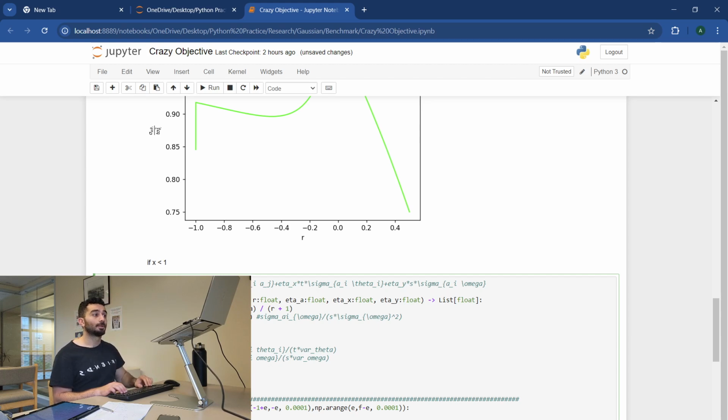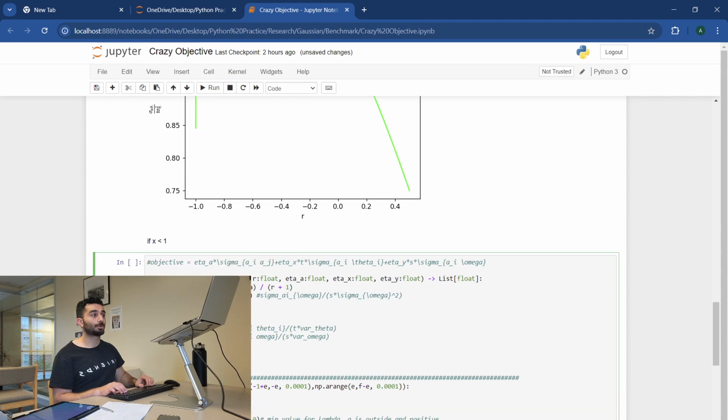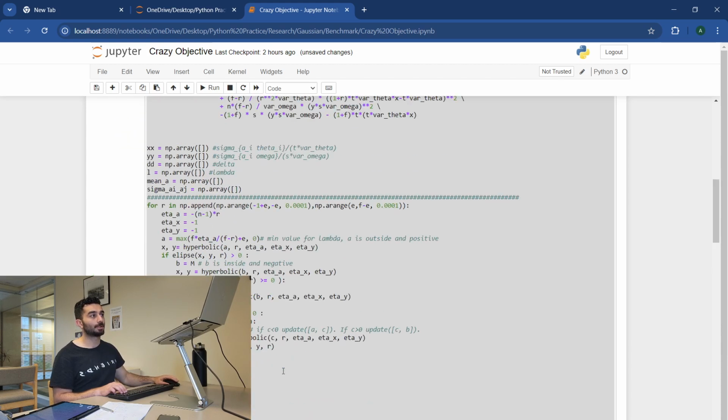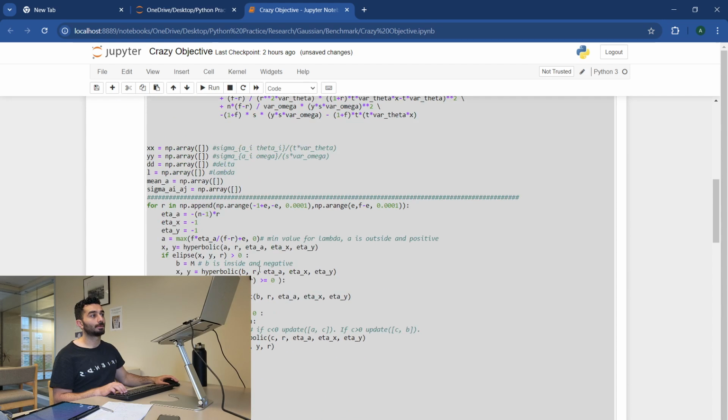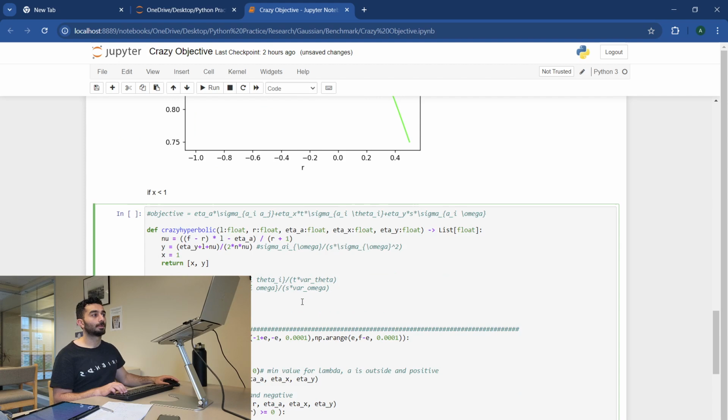We need to do the computation again, and I'm not sure about delta. Did ellipse give us the delta? Okay, delta is something. And a equals max, I don't know, which should be negative, and x and y are hyperbolic.